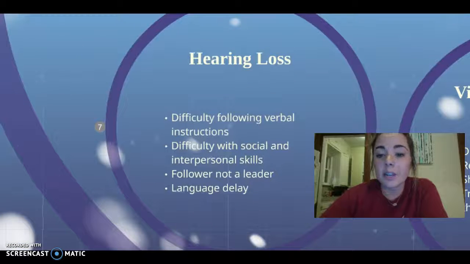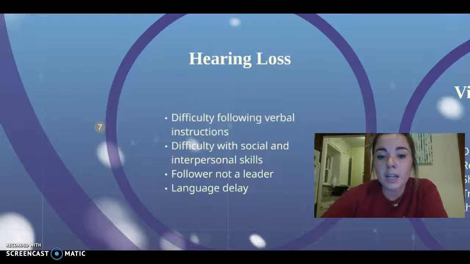The next one is hearing loss. Students with hearing loss have characteristics of difficulties following verbal instructions because depending on how severe the hearing loss is, they cannot hear exactly what the teacher is saying, and sometimes they haven't learned how to read lips as well, so they really kind of struggle with this. And they also have difficulty with social and interpersonal skills.